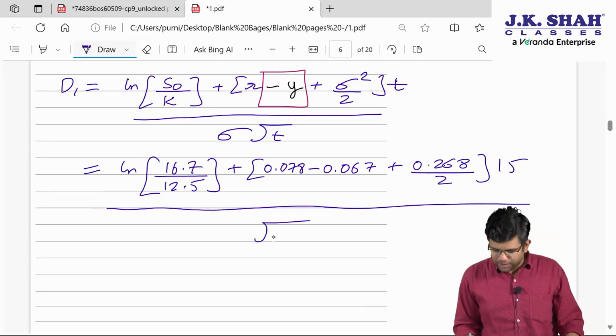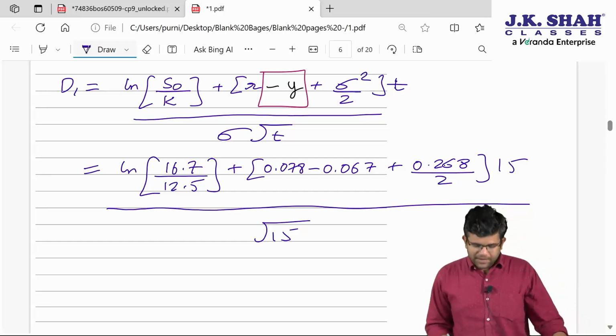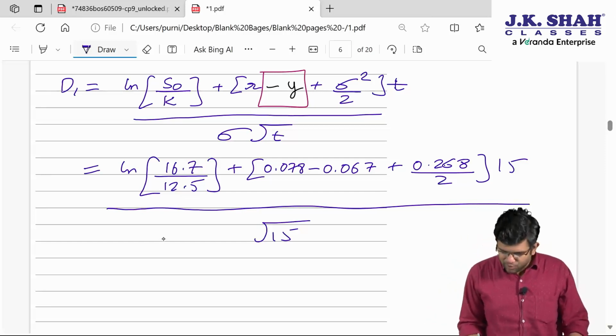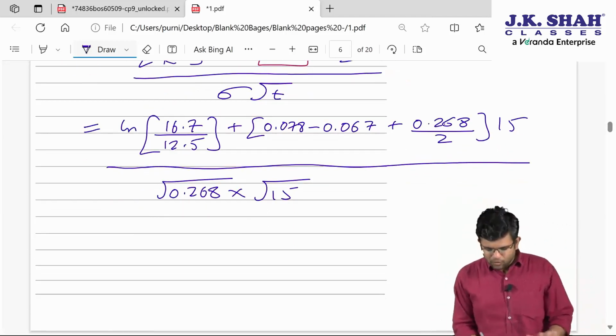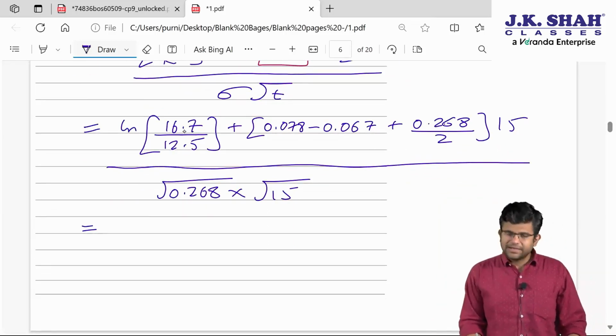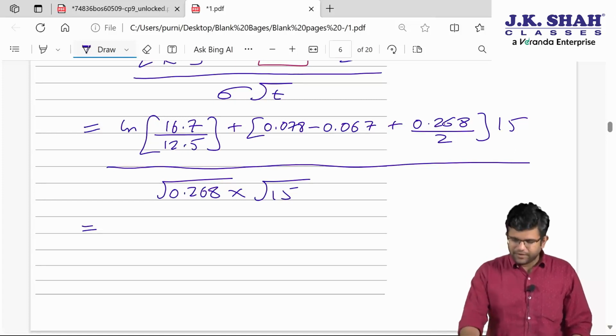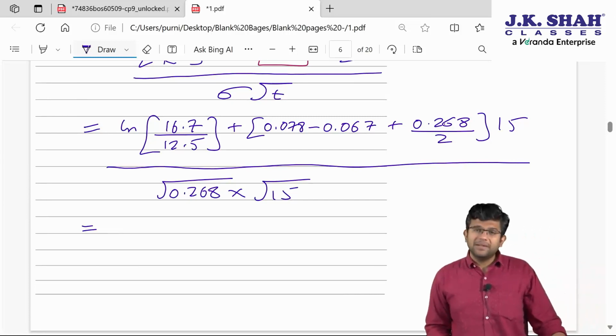Now you know root t will be root of 15, and sigma, I hope you realize, will be root of the variance. Everybody clear? Root of the variance will be sigma. Now moving on, ln 16.7 upon 12.5. Now students, 16.7 divided by 12.5, if you do, you get 1.336.